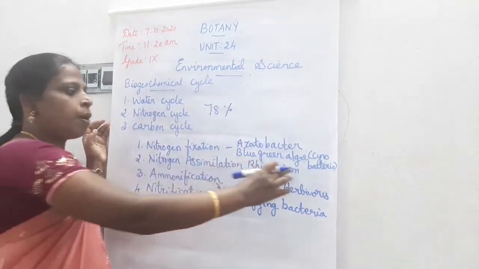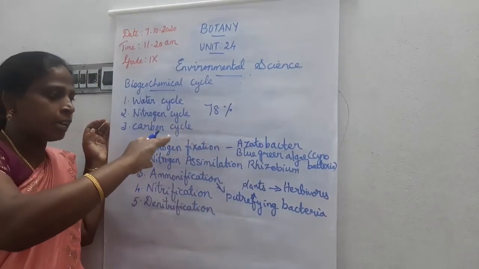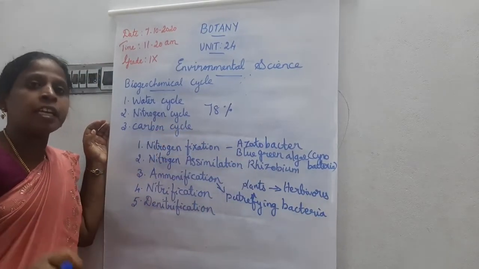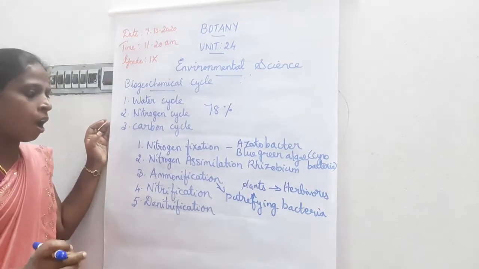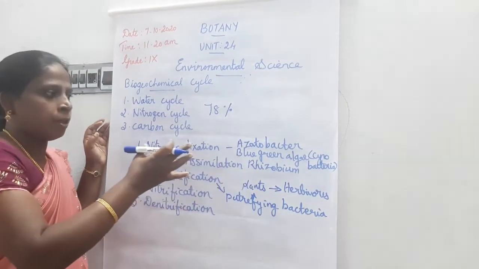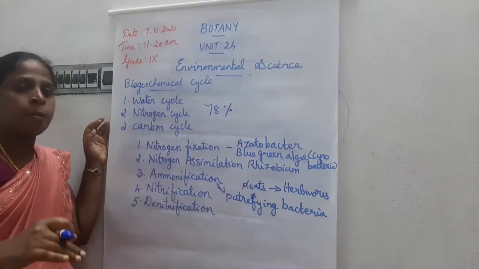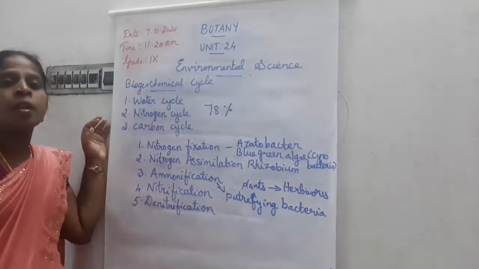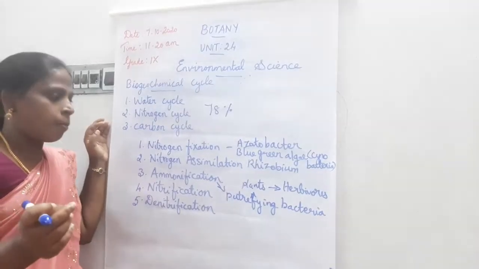So in the animal body, the protein is present. The protein can be excreted in the form of urea, uric acid or ammonia. So the nitrogenous waste can be excreted from the animals in the form of urea, uric acid or ammonia.